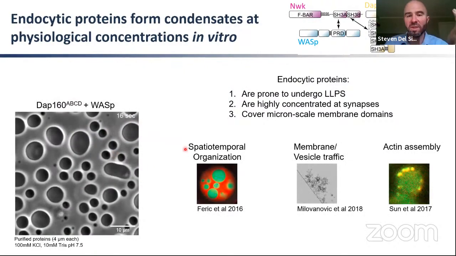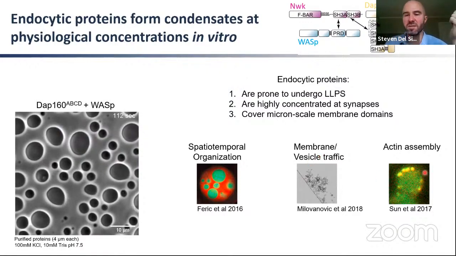And so what we think that these things can explain is potentially a lot about how these molecules behave at the synapses. There's lots of examples in the literature now about how complex interactions among these sorts of liquid phase separated condensates can form interesting spatiotemporal patterns of organization. We know from other work that they can control vesicle clustering and traffic.